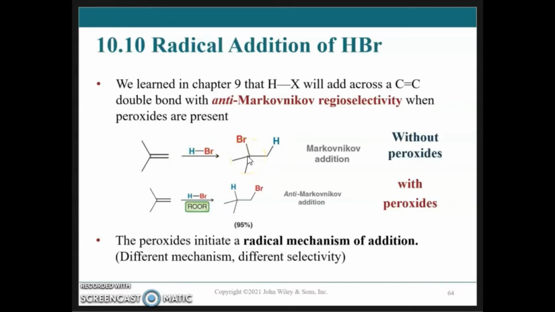And in chapter 8, there was some discussion about the effort to sort out the regioselectivity because of the presence of peroxides led to the anti-Markovnikov addition, and that peroxides initiate a radical mechanism.